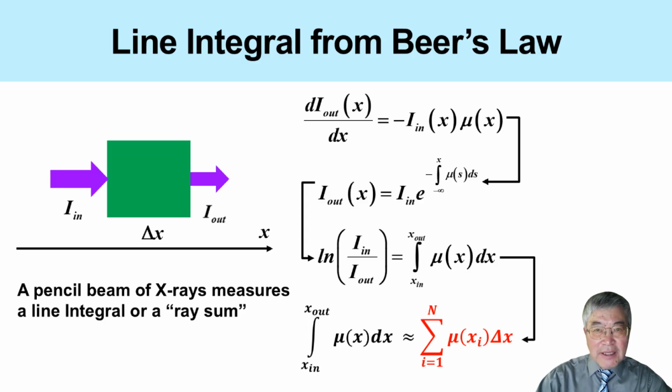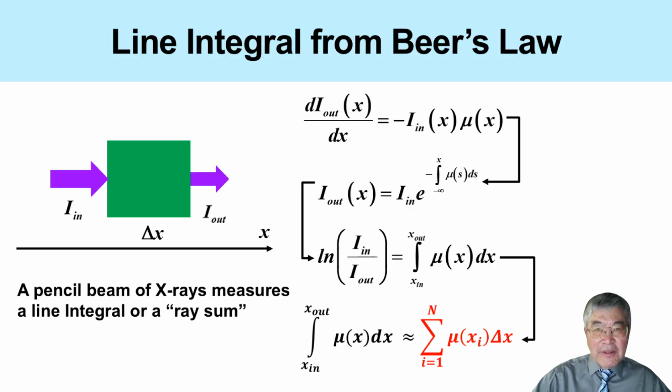The rate at which the X-ray intensity decreases is proportional to two things: the current X-ray intensity and the local attenuation coefficient of the material. We denote this attenuation coefficient by mu of x. It tells us how strongly the material attenuates X-rays at each position.